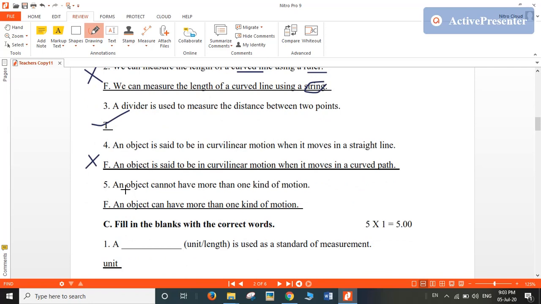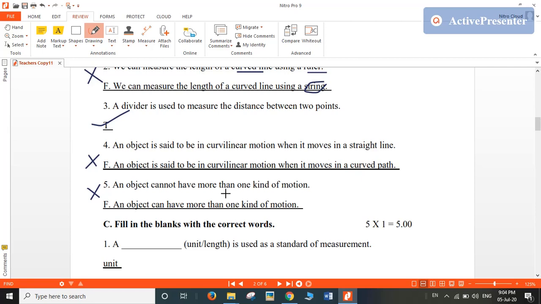Next, an object cannot have more than one kind of motion. No, it can have. Say, for example, you are going somewhere by bicycle. The bicycle moves in a straight line if it is a straight road, so it has rectilinear motion, but the wheel of the bicycle will rotate.